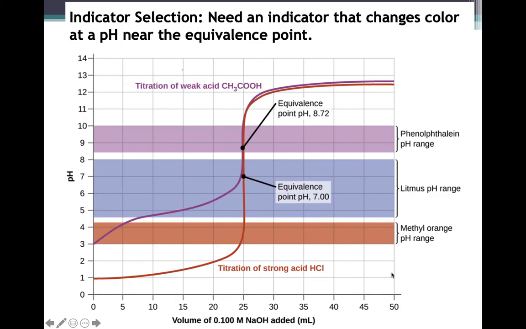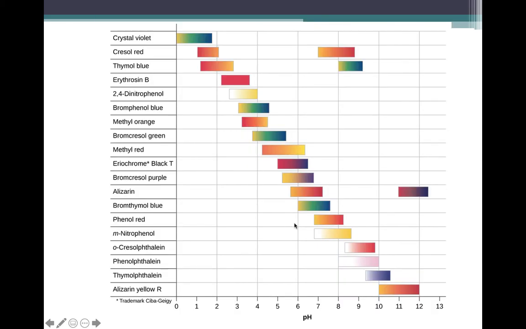Here's kind of a visual representation of how you would do that. You would want to select or determine where your endpoint's going to be, and then you would pick an indicator that would change in that pH range. Here they're just saying litmus pH range. If we go back up, there are a number that change right around 7, so you could use phenol red, you could use bromothymol blue. Alizarin might be a little difficult because it starts changing so much below a pH of 7.